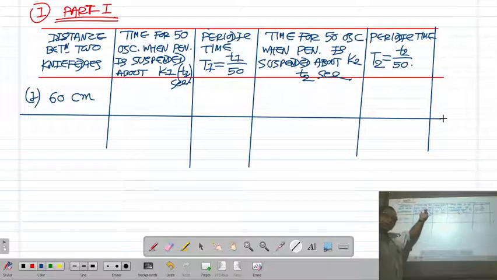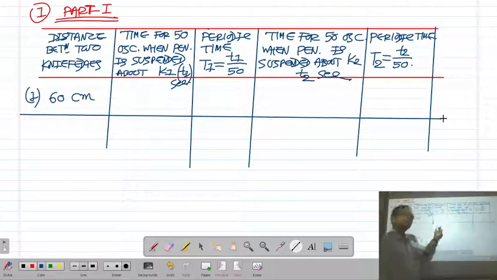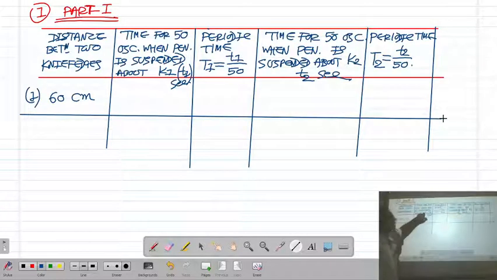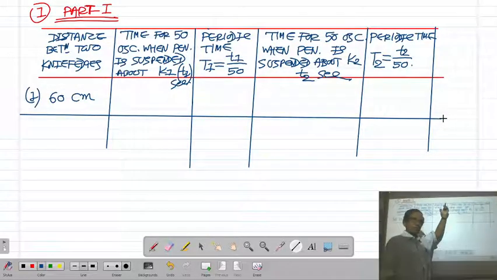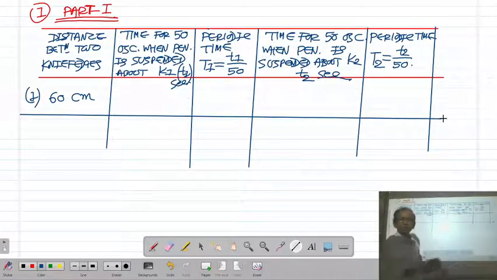Give a small oscillation to the Kater's pendulum, and measure the time for 50 oscillations.